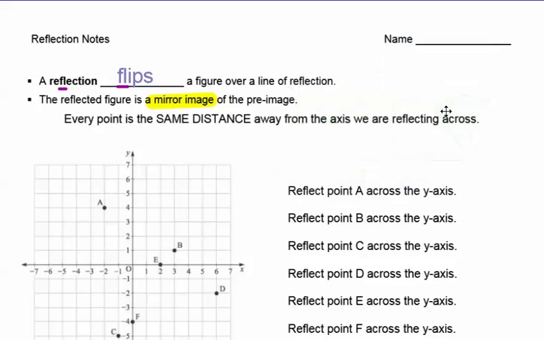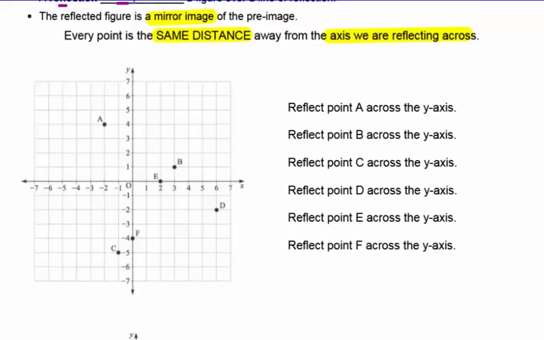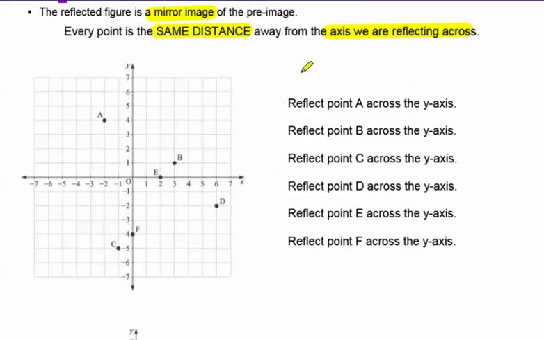Now, let's go ahead and try some of these on our own. Every point is the same distance away from the axis that we are reflecting across. So let's see how this works. What we're going to first do is reflect all of these points across the y-axis. What I typically like to do is highlight the axis that I am reflecting over.